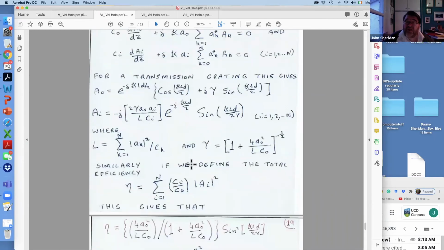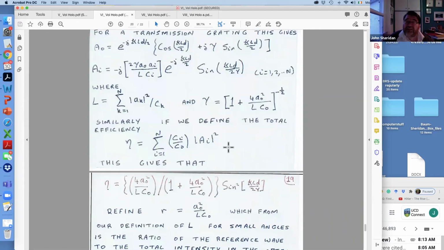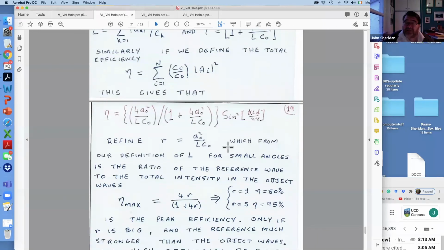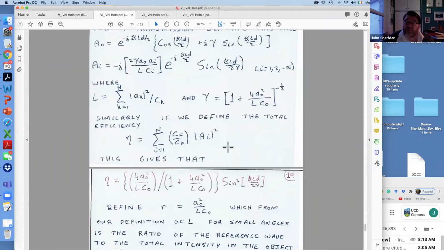Now, this is lots and lots of mathematics. But again, the point is that you can start off with these relatively simple expressions and these expansions in terms of number of gratings, etc. You can make assumptions about the relative strengths of the individual beams recording these.